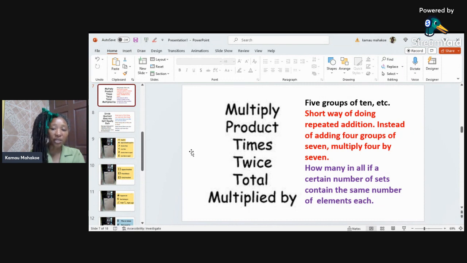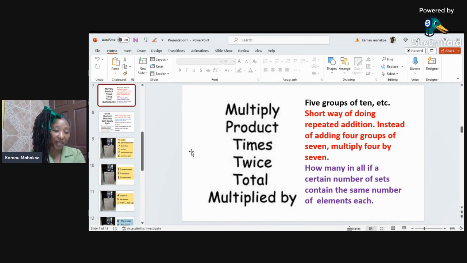So whenever you keep adding the same quantity over and over, the shorter way is to just multiply the original number by that quantity that you keep adding. 5 groups of 10, 6 groups of 5, and so on.